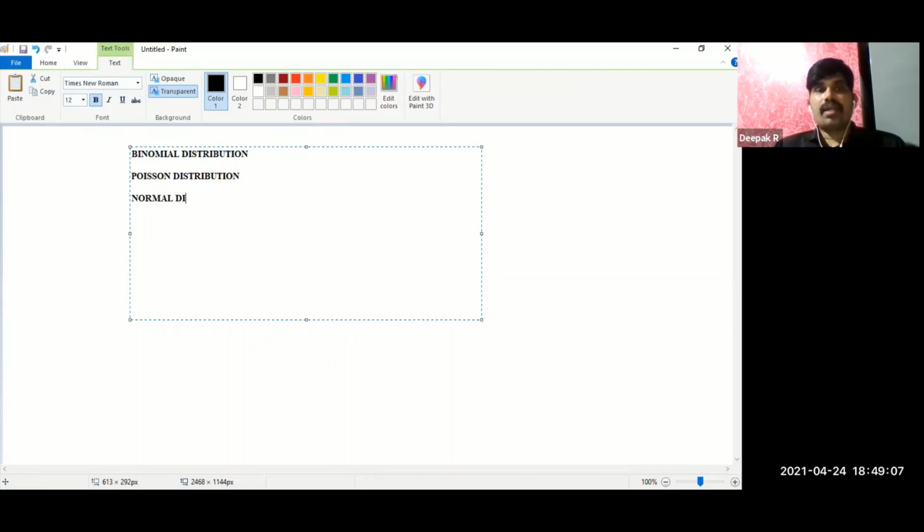Now, Poisson and binomial distributions are considered for discrete values, whereas normal distribution is always considered for continuous.